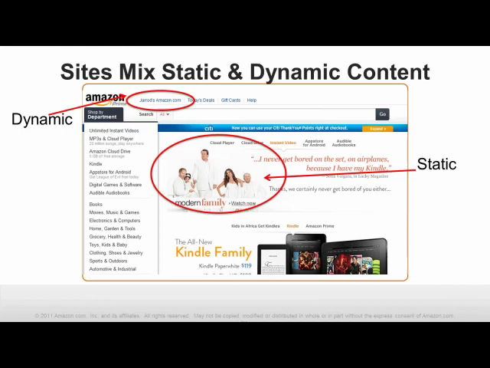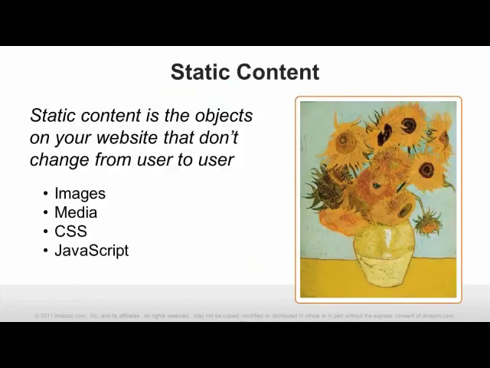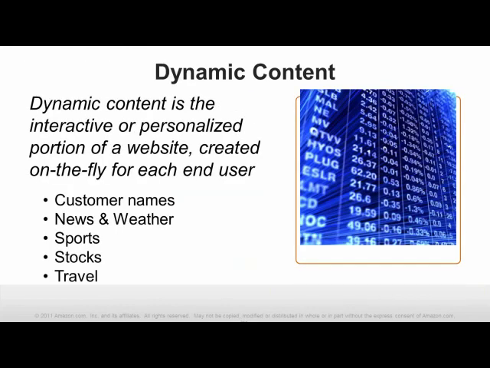Let's drill into those in a little more detail. So we define static content as the objects on your website that don't change from user to user. These include images, media files, audio scripts. Again, the key thing here is that these are the objects that don't change from user to user. Everyone gets the same one.